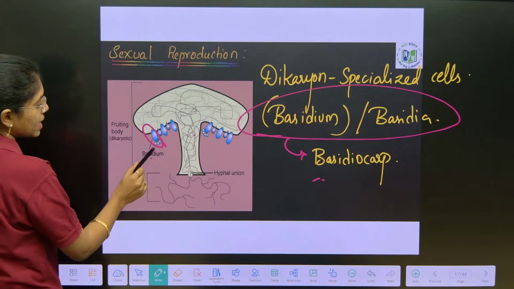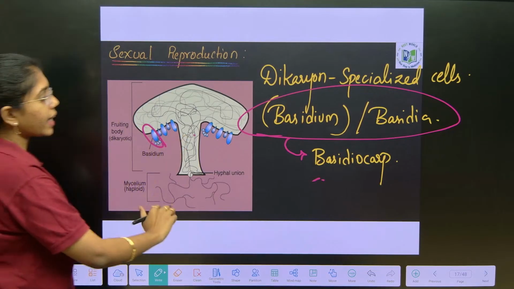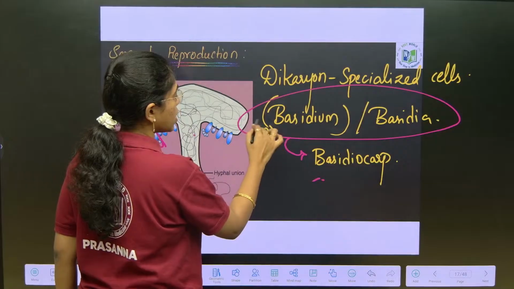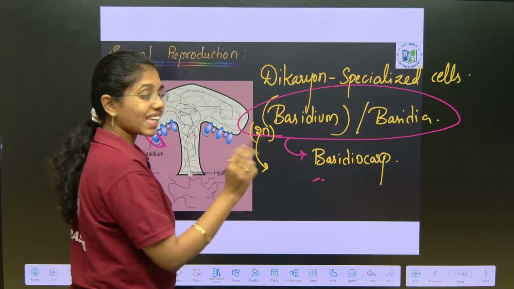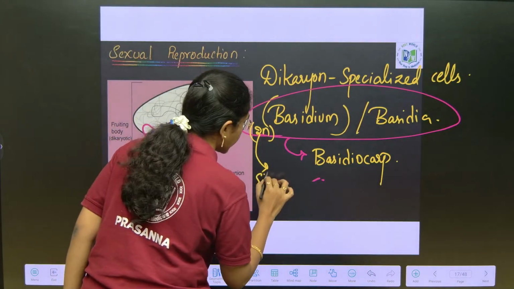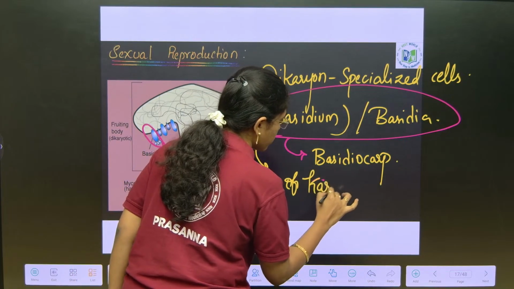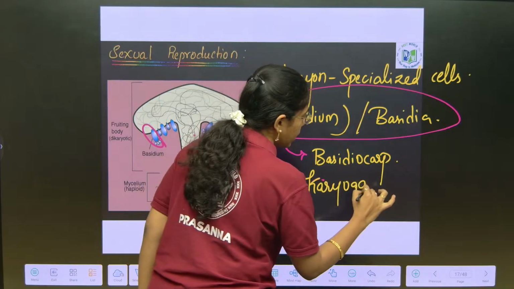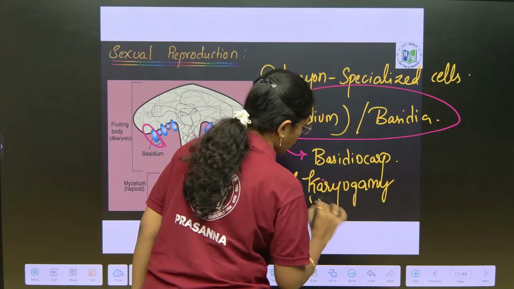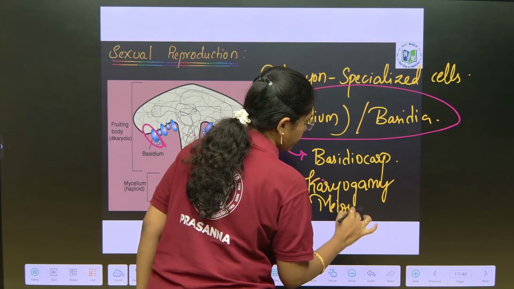So, here basidium, which is the dikaryon structure or the specialized cells, is the site of both karyogamy and meiosis. Fine, right?